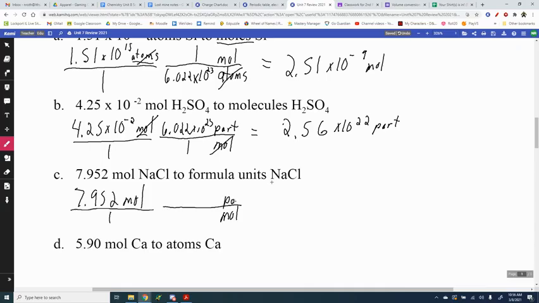So we're going to call that particles. 1 goes next to moles. 6.022 times 10 to the 23rd goes next to particles. Moles cancel out. So we multiply those two together. We get 4.79 times 10 to the 24th particles.